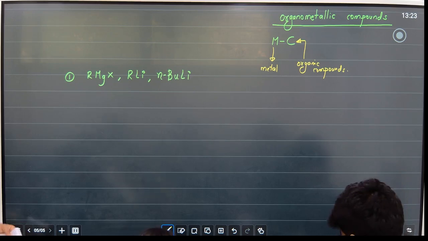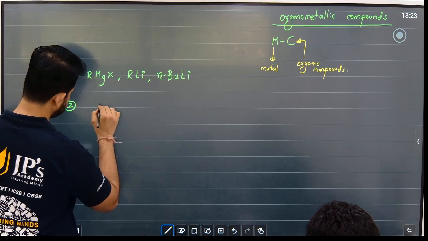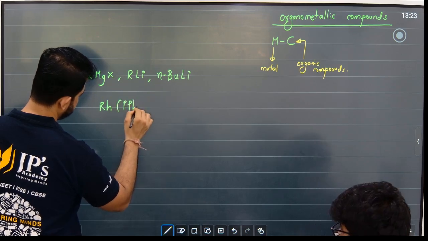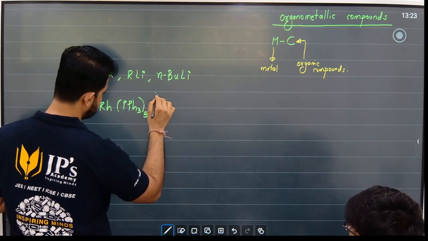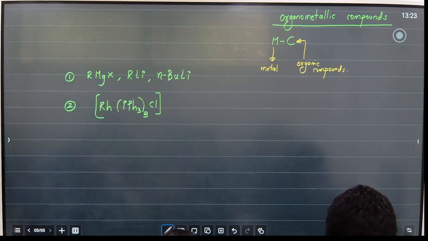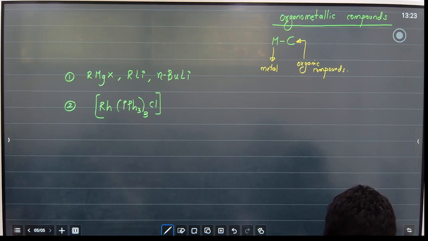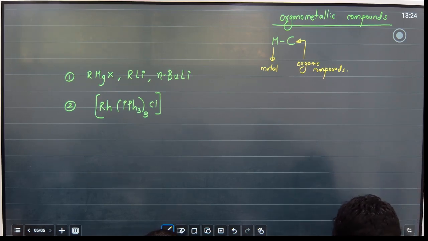Second, as a catalyst. Anyone remembers the name of this catalyst? Wilkinson's catalyst. Triphenyl phosphine है वो, rhodium and chloro. Wilkinson's catalyst, remember, used in hydrogenation.